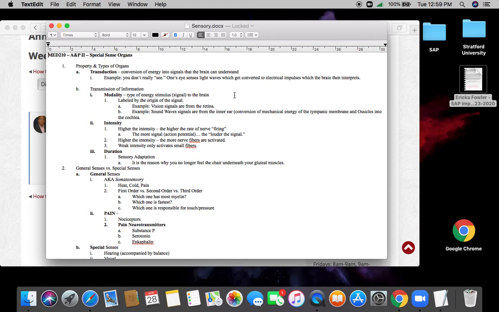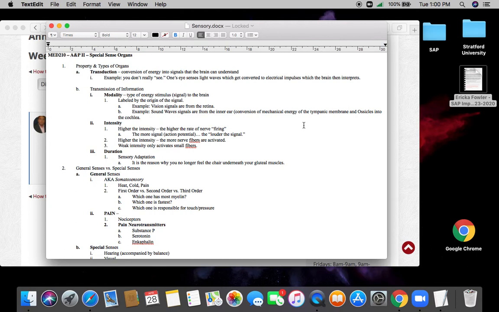How that mechanical energy hits your tympanic membrane, your eardrum, hits your ossicles, and then the cochlea has hair cells in it, and that's what does the interpretation. I mean, not the interpretation, but sends the signals, the electrochemical signals, up through cranial nerve 8, the vestibulocochlear nerve, and up into your brain.